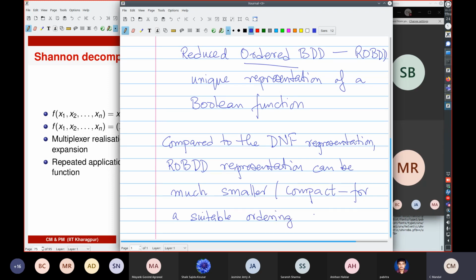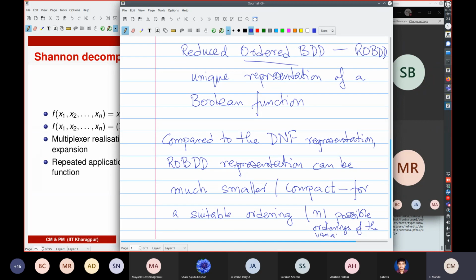And as you can see, there are n factorial possible orderings of the variables. Now, there are heuristics which can help you to get a good ordering, but it doesn't guarantee that you can have the best ordering.